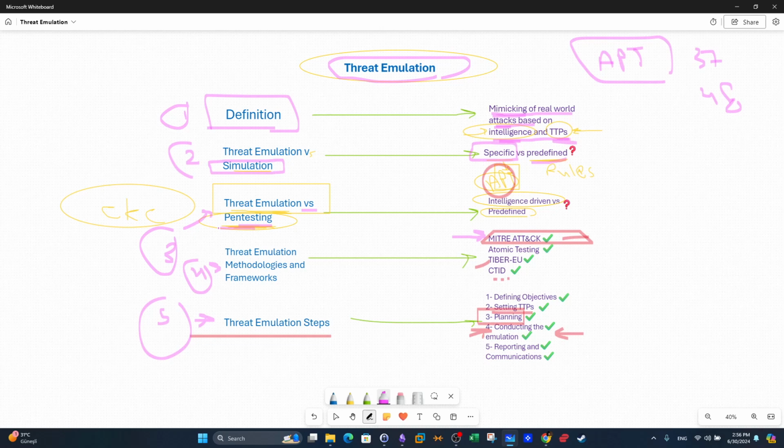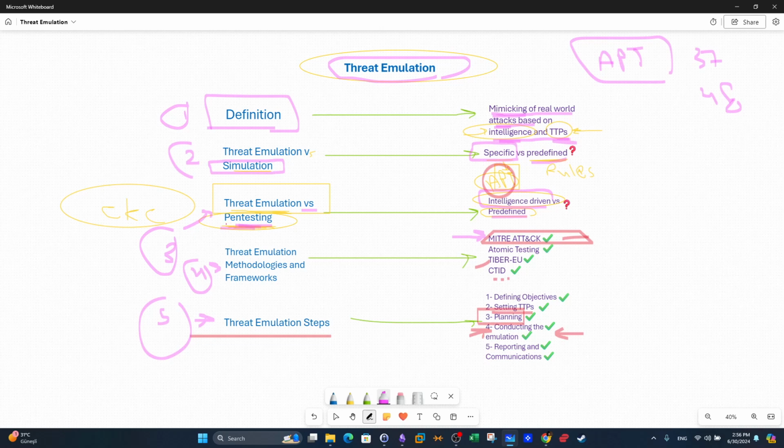So what is the difference between pen testing and emulation? The difference is that emulation is driven by intelligence, while pen testing is predefined. It's the same hallmark as between emulation and simulation.